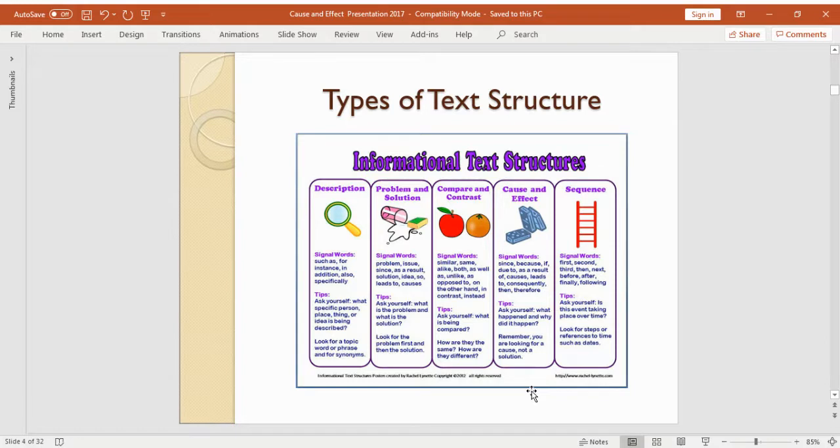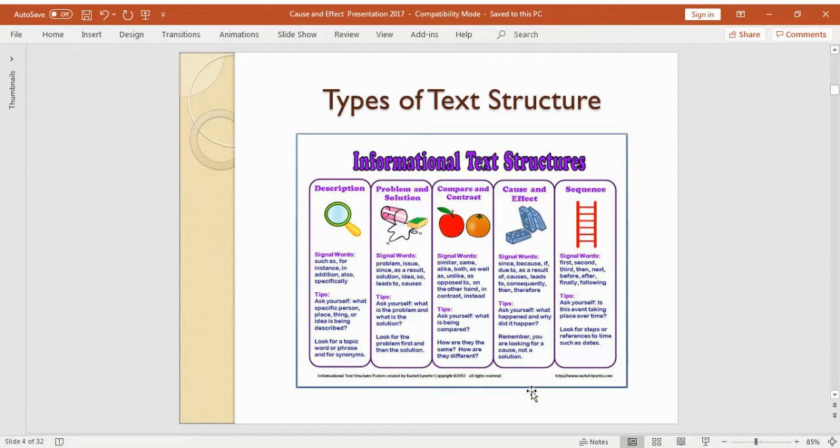For example, if I am looking at a description, I might see words such as, for example, for instance, in addition, specifically. If I'm looking at a passage that is problem solution, I might see words such as a result, since, so, leads to.